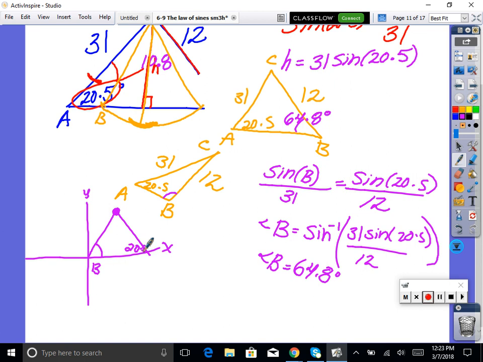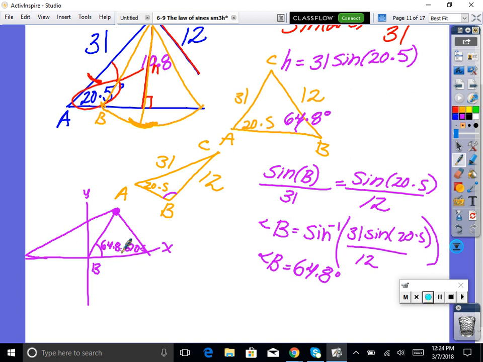Okay, now isn't it also true? Sorry, I didn't draw that right. Let me draw this in. Right there's my obtuse angle. They've got to share the same angle A. But this right here is the 64.8. So it's just this one's turned around backwards. This big triangle right here, they are sharing the same one.